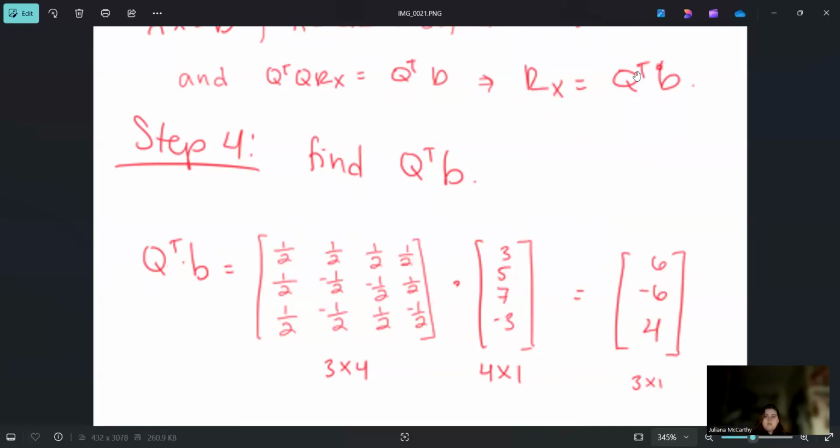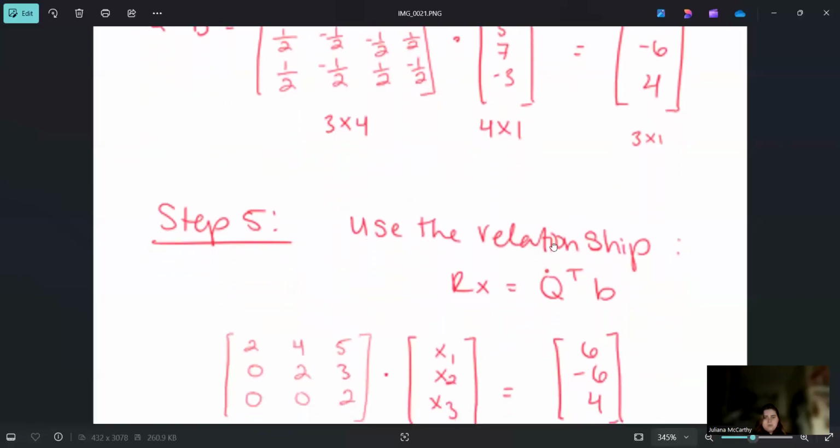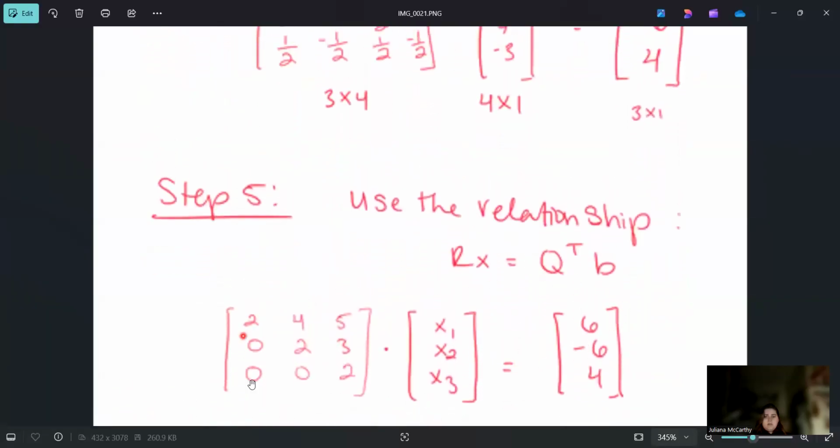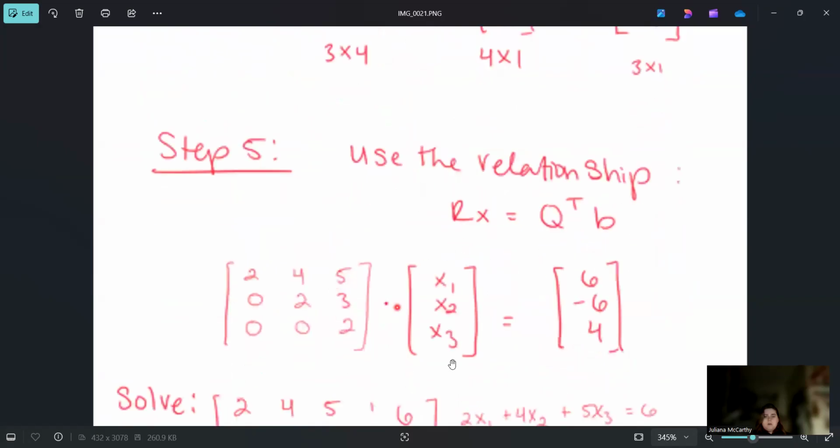We have Q transpose times b. Now we can finally solve for our x. So we have this matrix equation right here, our R that we found earlier, and the Q transpose b that we just found, and we want to find our x hat.